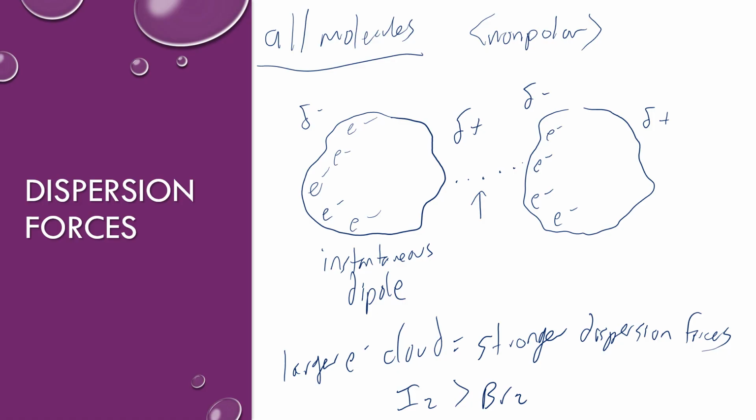Another thing to consider is that if you have a more oblong molecule, so something that's like a long chain, CH3, CH2, CH2, versus a molecule with a branch.